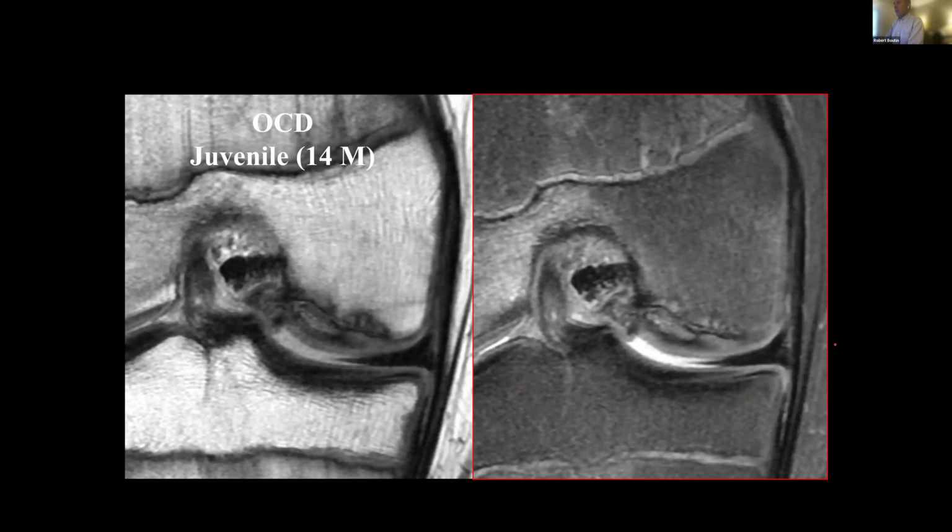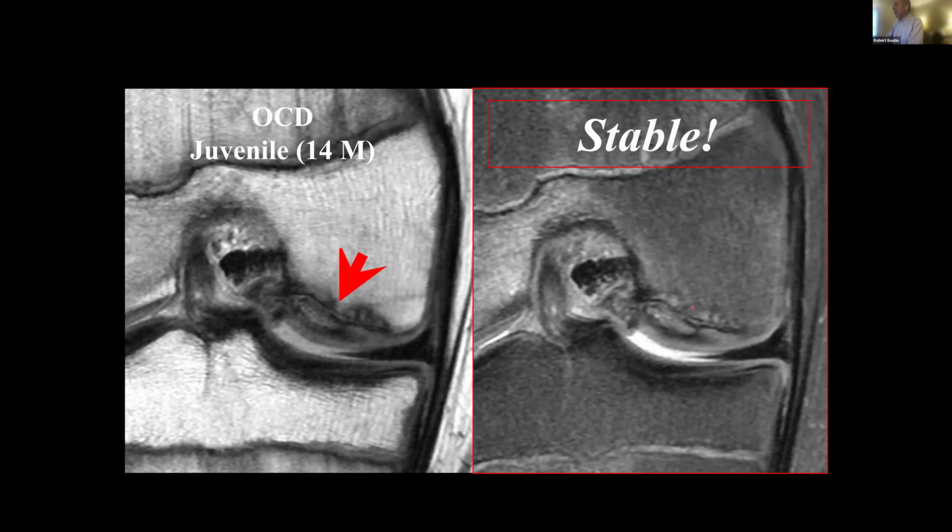Just to show you two other quick examples of osteochondritis dissecans in a juvenile. Here, again, affecting that classic location at the inner weight-bearing aspect of the femoral condyle, and then here extending over to the more main weight-bearing portion. The cartilage status looks great. It's a stable lesion.